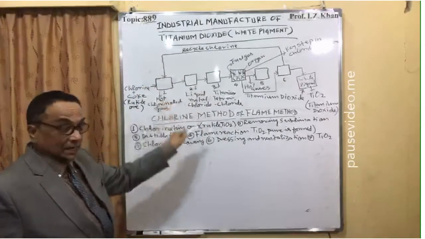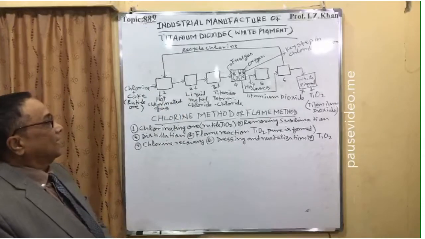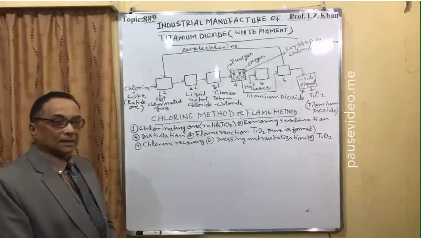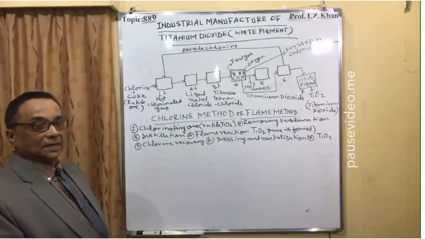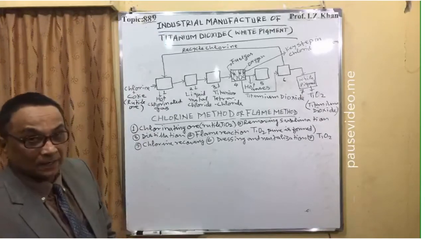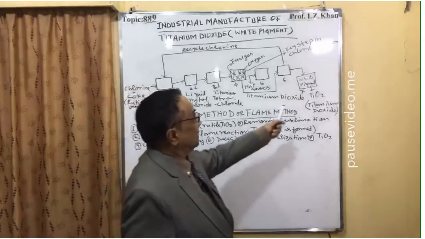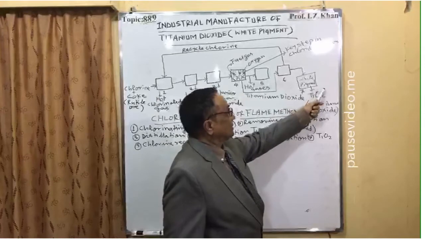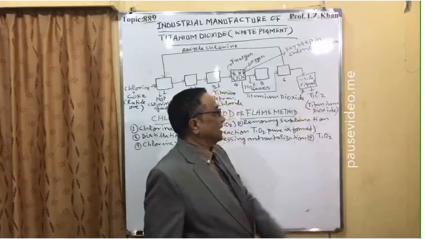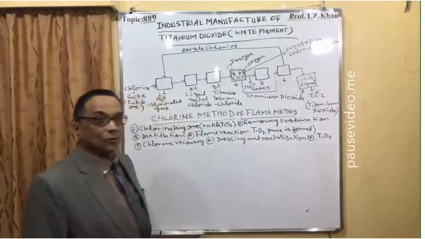So it is a recycling process, and in number 5 dressing and purification of titanium dioxide white pigment is done, and finally in this number 7 chamber pure titanium dioxide, that is your super class white pigment, is ready.